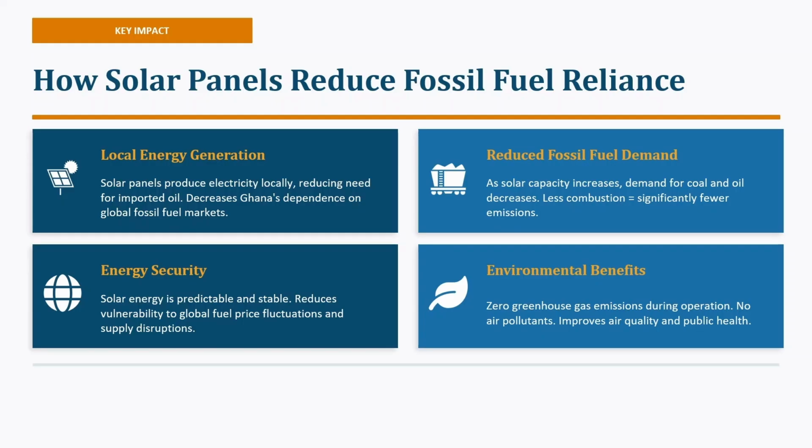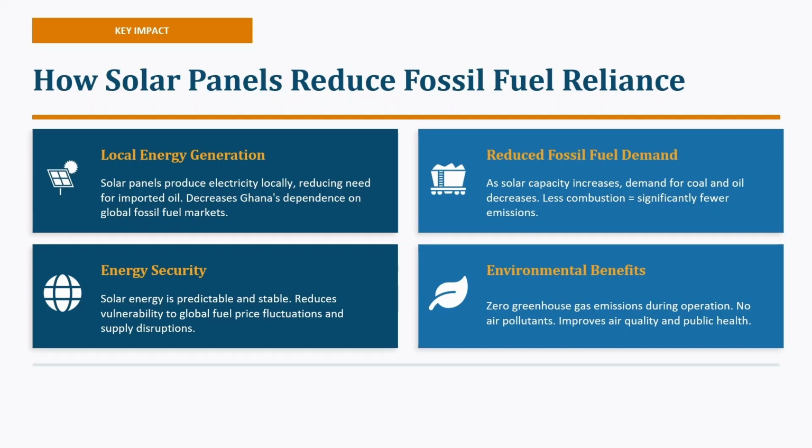When we begin to produce solar electricity, it means that we are not going to buy fossil fuels as much as we do. And importantly, this will be locally generated energy, because the sun is shining on our country every time of the day. And another important thing is that it's going to help our environment, because there'll be no greenhouse gas emissions, and there'll be no pollutants in our environment.